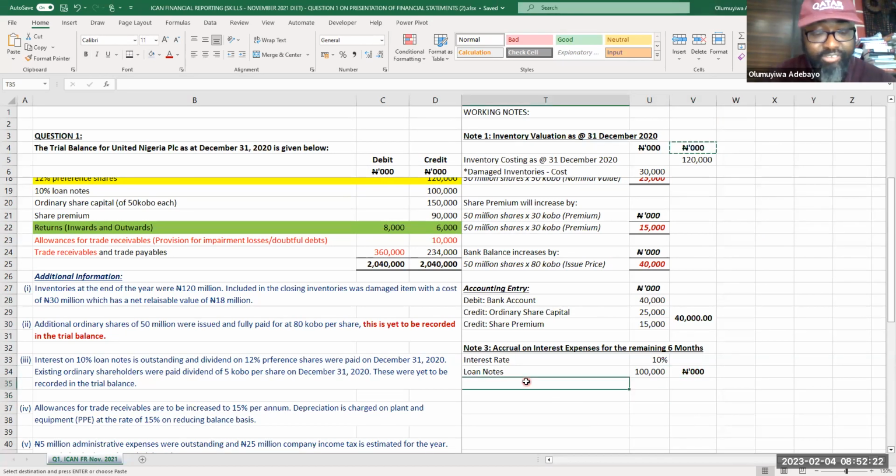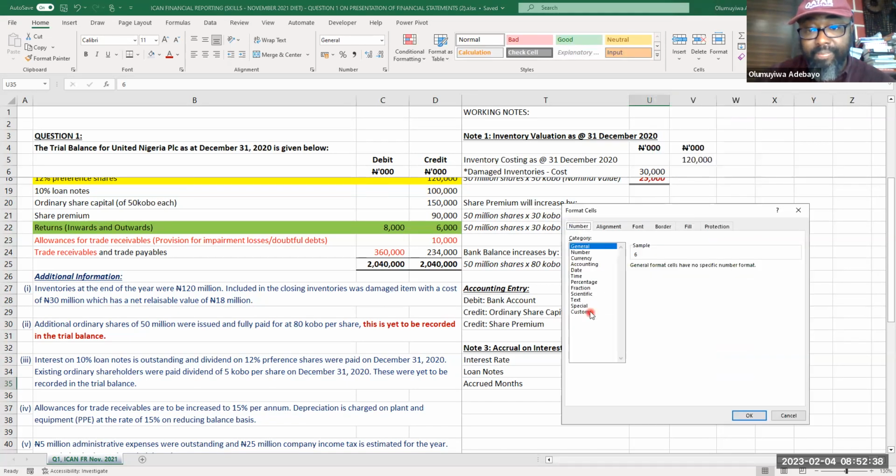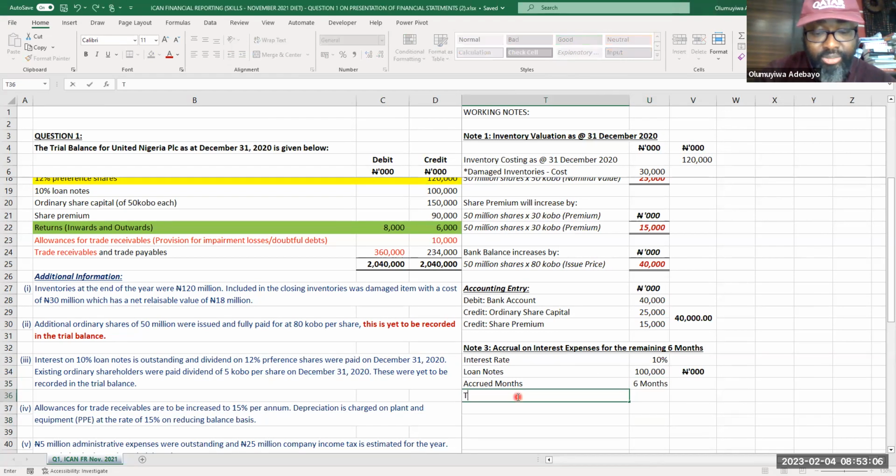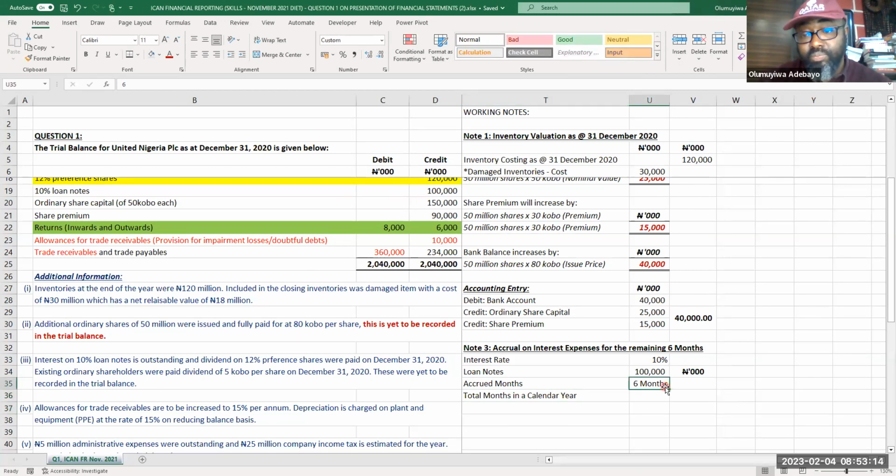Therefore, accrued months, 6 months. Total months in a calendar year is 12 months.